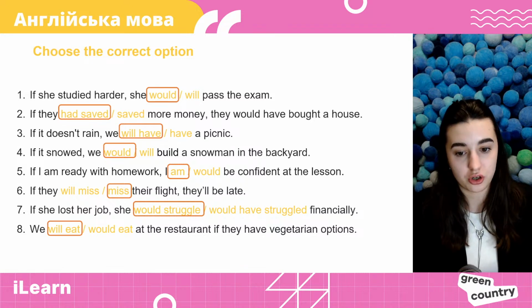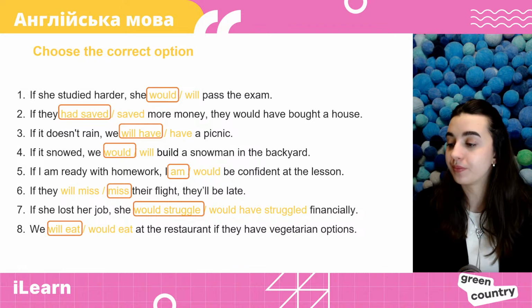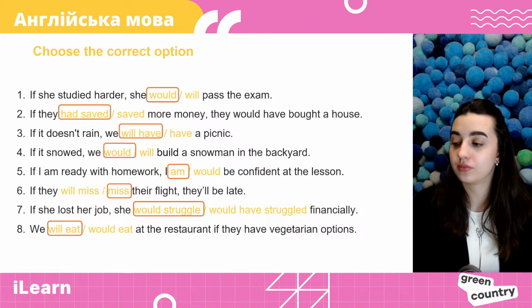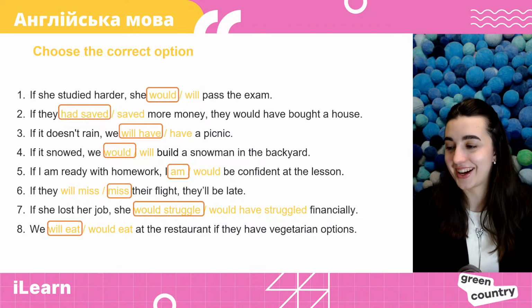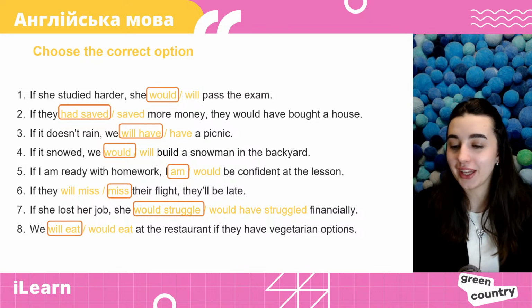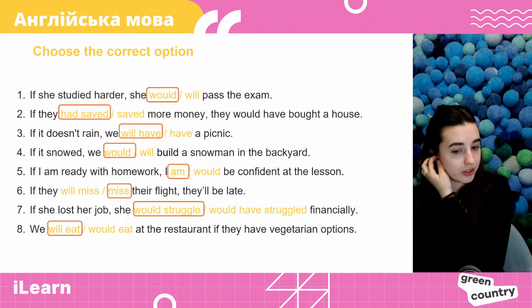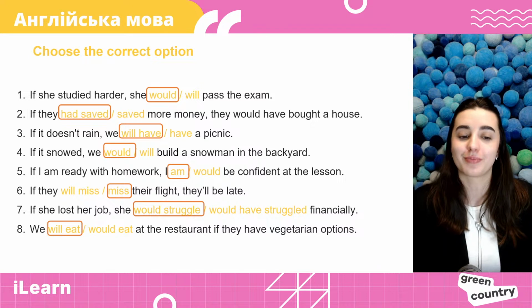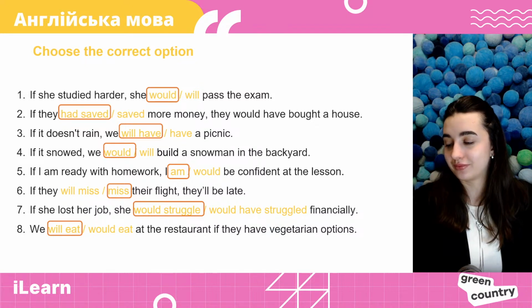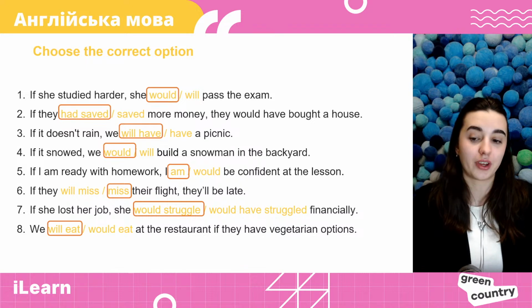If she lost her job, she would struggle financially. I can see that you have acquaintances here. And the last, we will eat at the restaurant if they have vegetarian options. Okay, good.